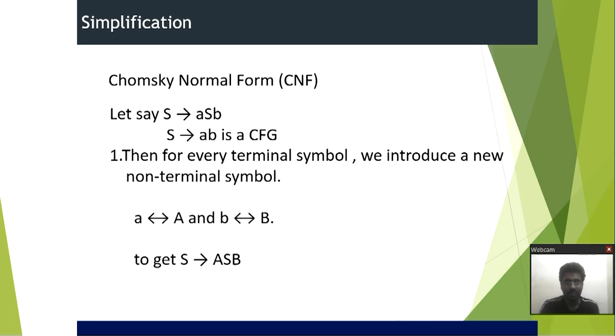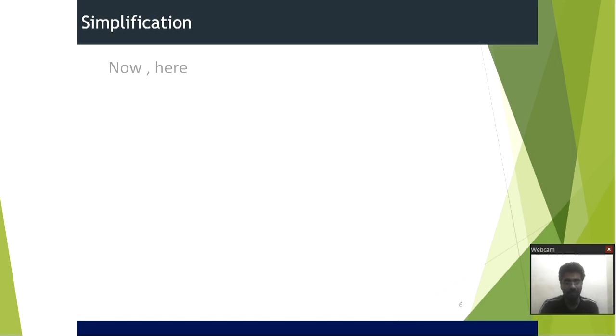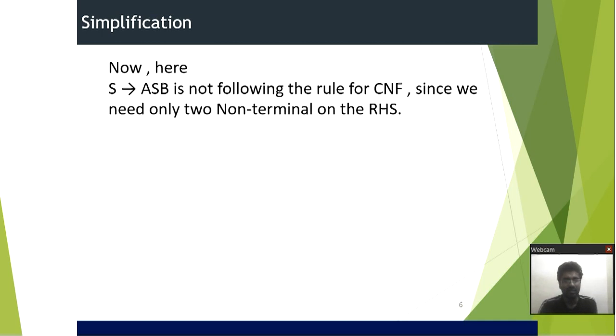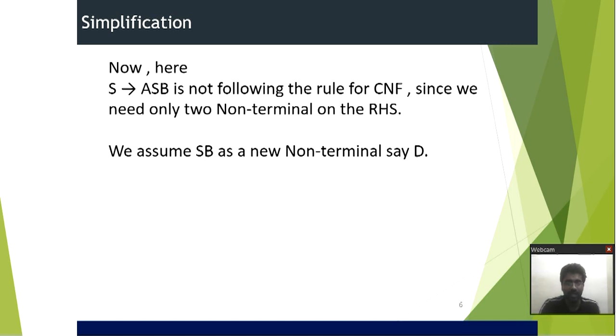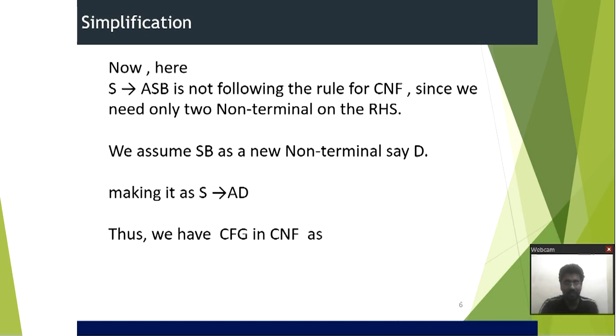But still it is not in CNF form. This S goes ASB is not following the rule for CNF since we need only two non-terminals on the RHS. We assume SB as a new non-terminal D, making it S goes AD. Thus we have the CFG in CNF as S goes AD, S goes AB.